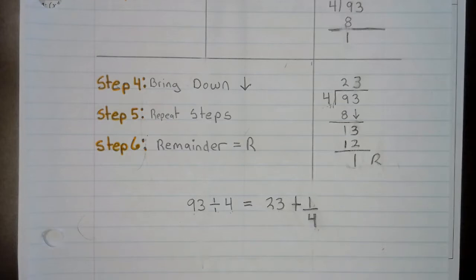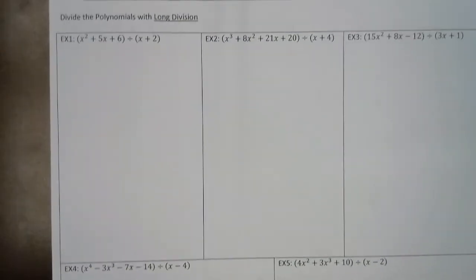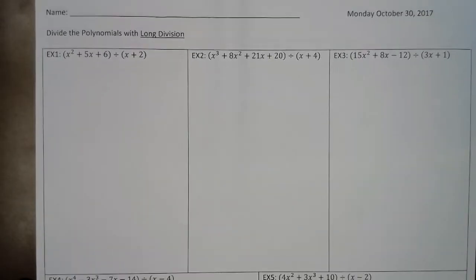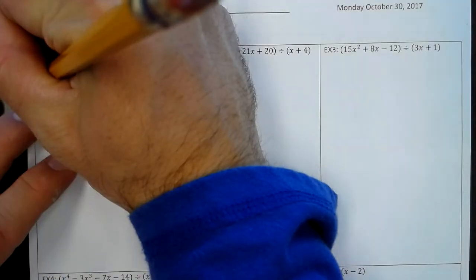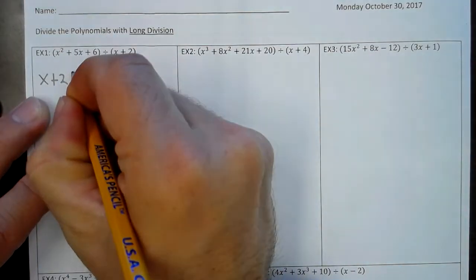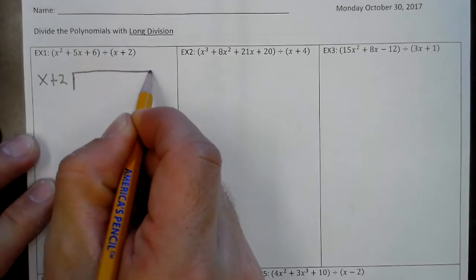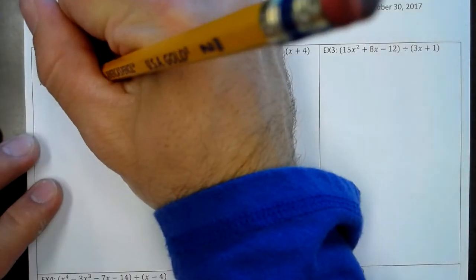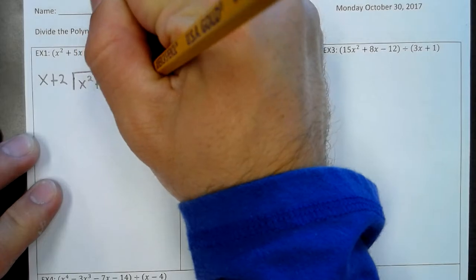All right, so if you would, finish up your notes. All right, now let's take a look at our examples. Now we're going to use the same logic in polynomials. So now we have x squared plus 5x plus 6 divided by x plus 2.